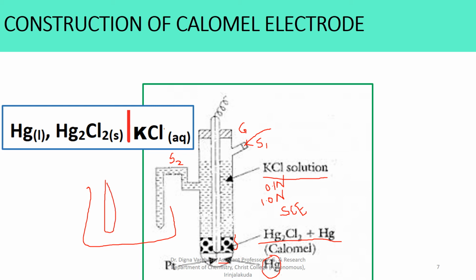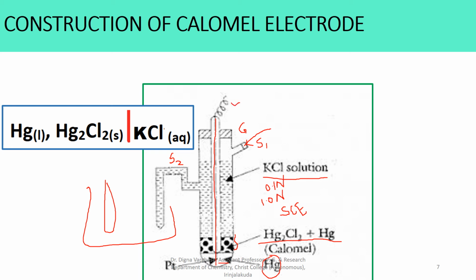Okay, so here a platinum wire is used, which is sealed in a thin glass tube inside the glass jar, and this platinum wire is in contact with the pure mercury. The glass tube containing a little mercury at the bottom serves to make the electrical contact with the external circuit.